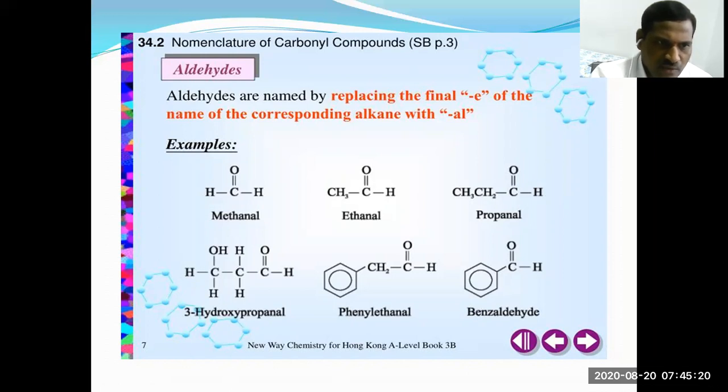Instead of E, you take al. The IUPAC name of this compound is ethanal. Similarly, propanal, three carbons with the aldehyde group. In this compound, the third carbon has an OH group, 3-hydroxypropanal. This is phenylethanal. This is benzaldehyde.